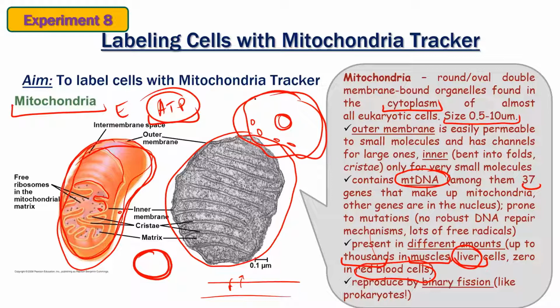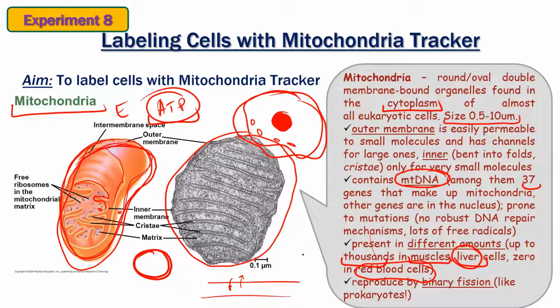Otherwise, when we have these highly independent structures, they become parasites, which means that they start consuming the nutrients of the host, killing it. Okay, so it was not beneficial for our species. That's why some of the genes of these mitochondria were dragged into the nucleus of the eukaryotic cell.